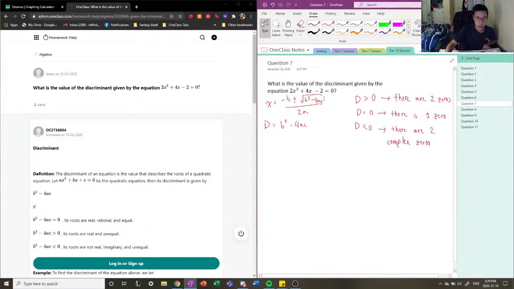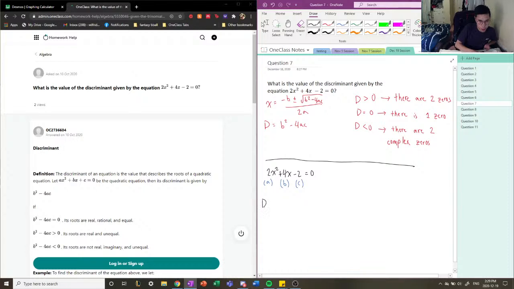Okay, so to find the discriminant of this example, we're going to calculate our discriminant. We have our equation 2x squared plus 4x minus 2 equal to 0. So we have coefficients a, b, and c.